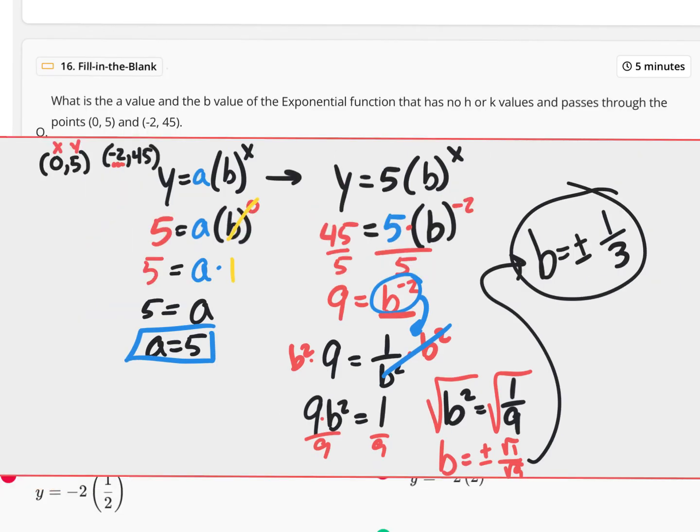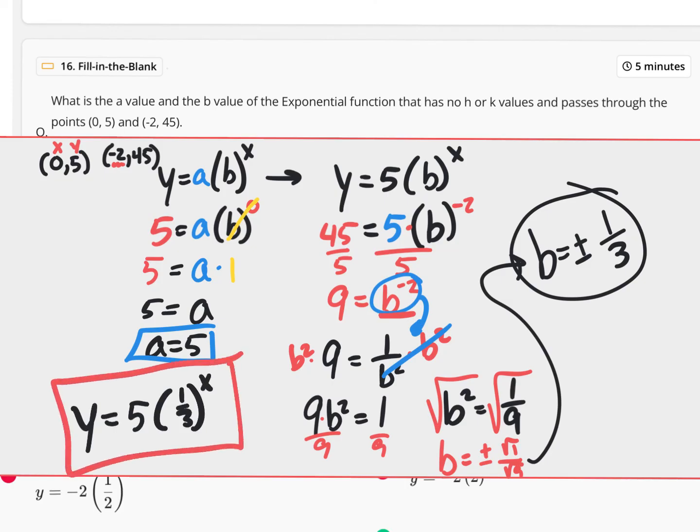If you don't know what I'm talking about, if you go to Desmos and type in the graph y equals the a value 5 times the base 1/3, just positive, to the x power, you're going to be able to see a nice exponential decay function that infinitely approaches the y value of 0 asymptote. So that takes care of the plus 1/3. But if you put a minus right here, it's going to disappear. The minus sign is going to cause it to mess up.